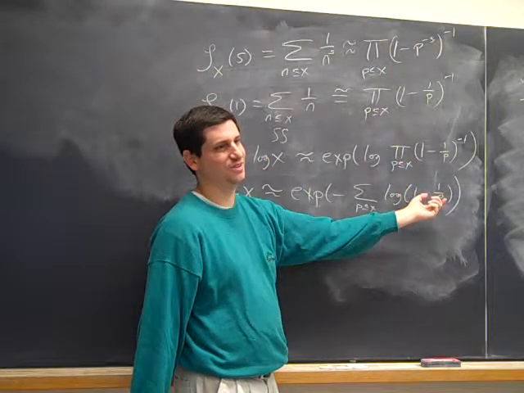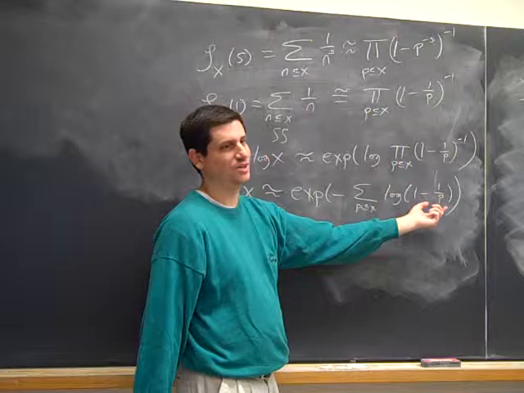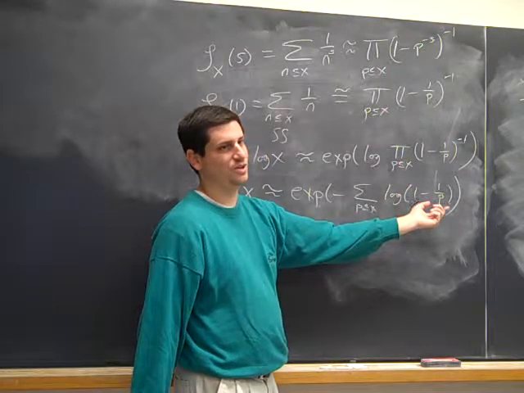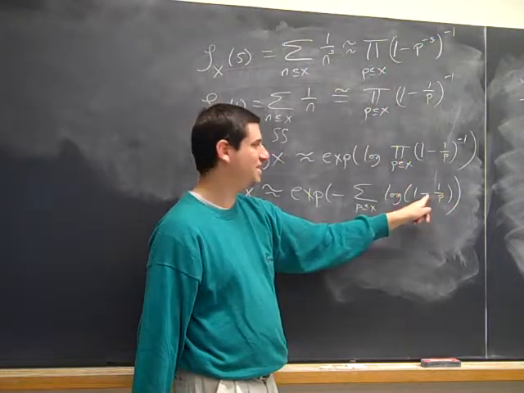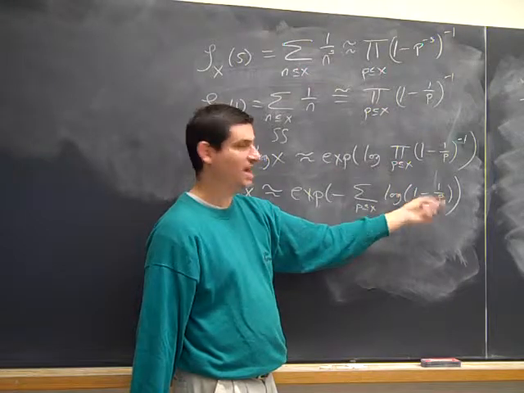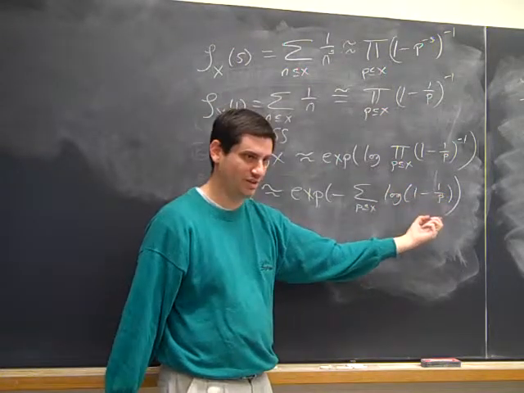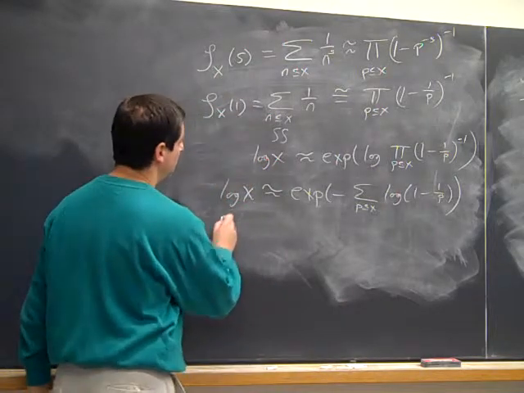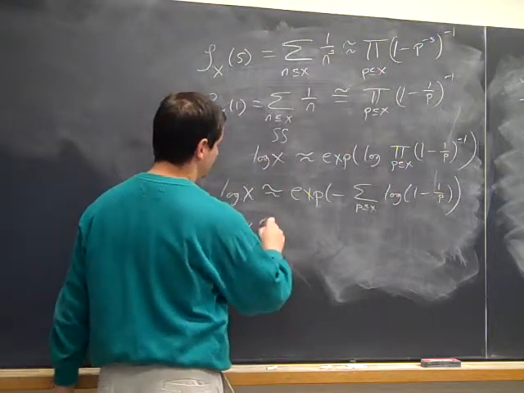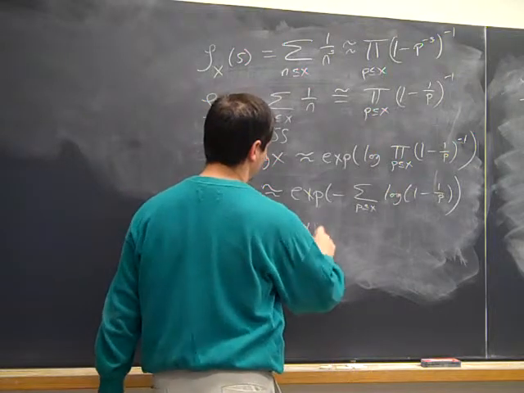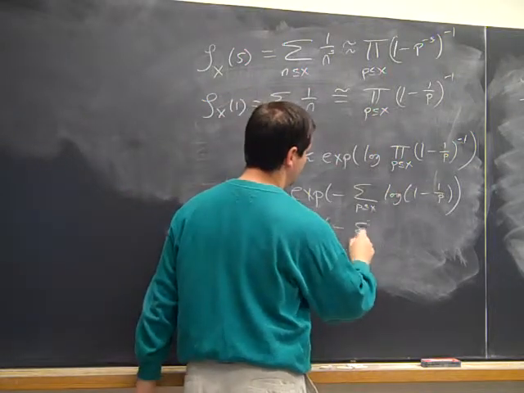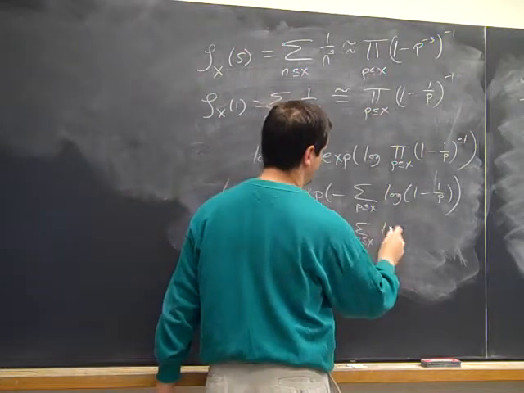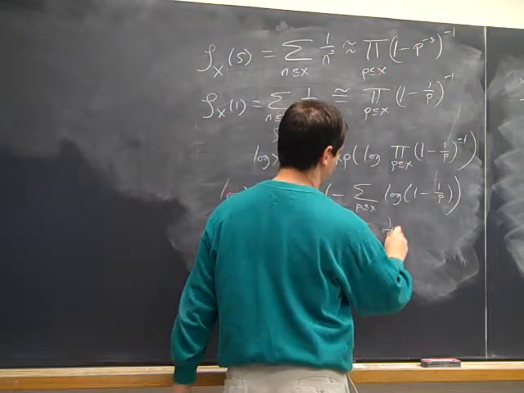It's negative 1 over p. I've got a minus sign. This is a number a little bit less than 1, so its logarithm should be less than 0. So we get the log of x is approximately the exponential of negative the sum over p less than or equal to x of 1 over p.